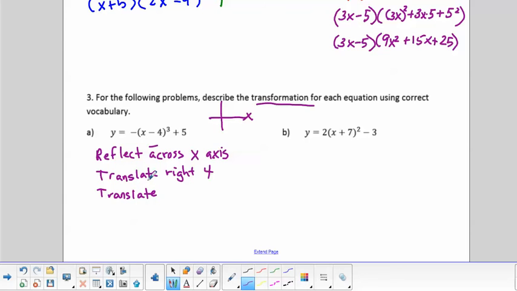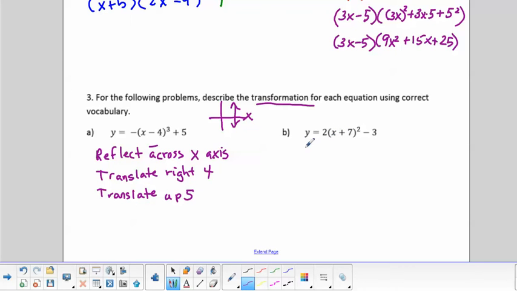Remember that translate is the same as shift. All right, let's look at the second one. The second one has a 2 and a -3 that are happening to the y. And I can tell they're happening to the y because they're not in the parentheses. So anything that happens to the y happens in the up-down direction. The 2 is a stretch.